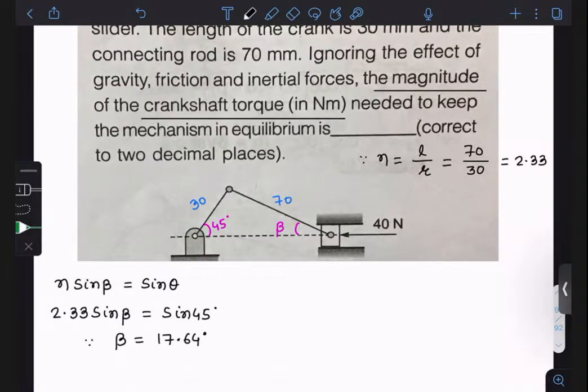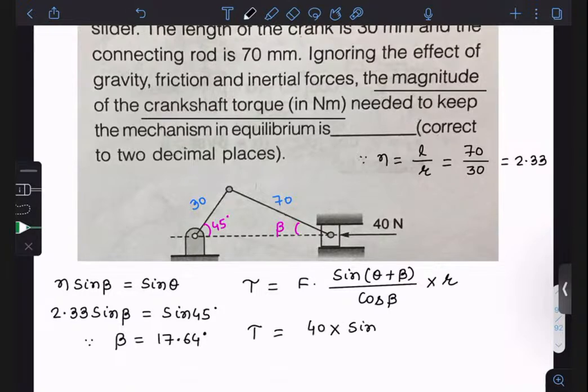So the torque is equal to, formula is F into sine theta plus beta divided by cos beta, which I have already derived, into R. So torque is equal to, force is 40, sine theta is your 45 degree, plus 17.64 divided by cos beta.